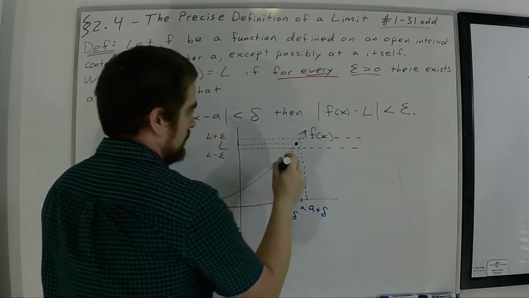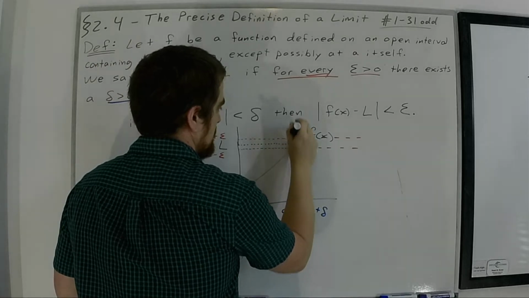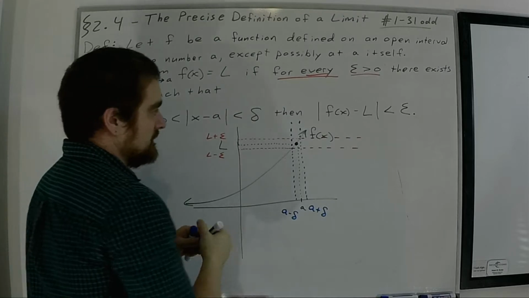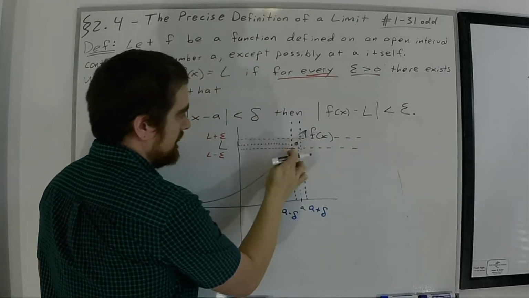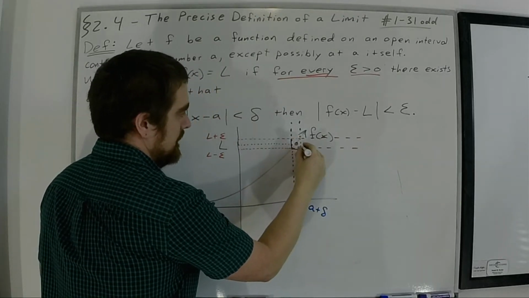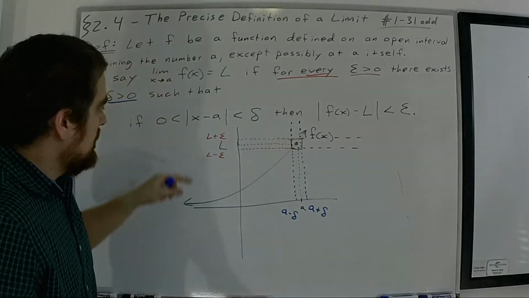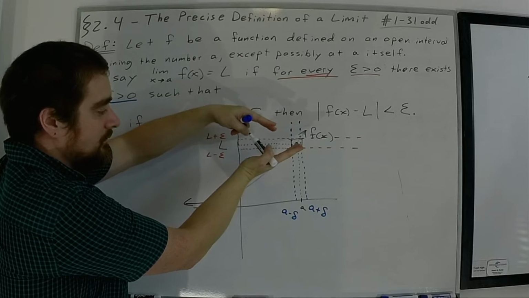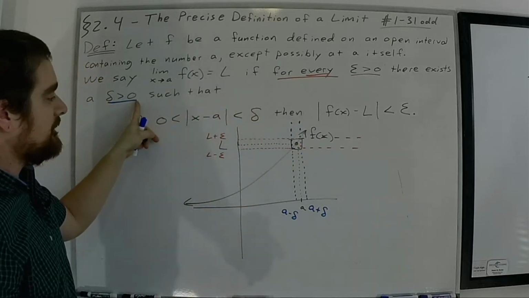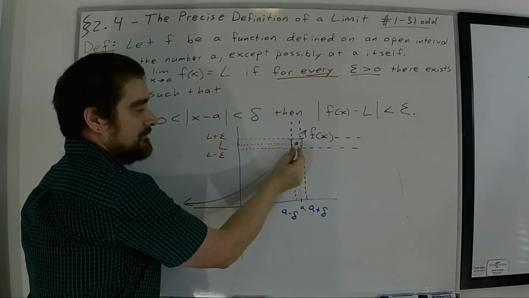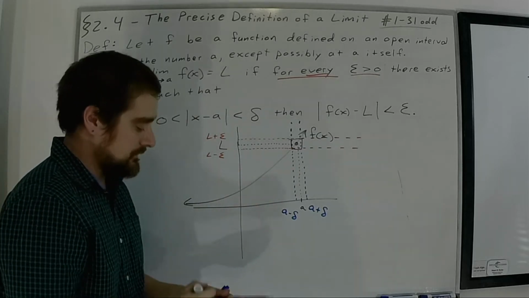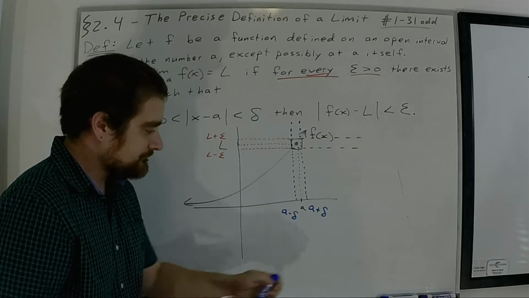Notice that you're stuck inside this little box region here. If someone comes along and says, haha, I found a smaller epsilon, then you need to find a delta that works and keeps you within that little box. And if you can't do that, then the limit does not exist. And it's definitely not L.